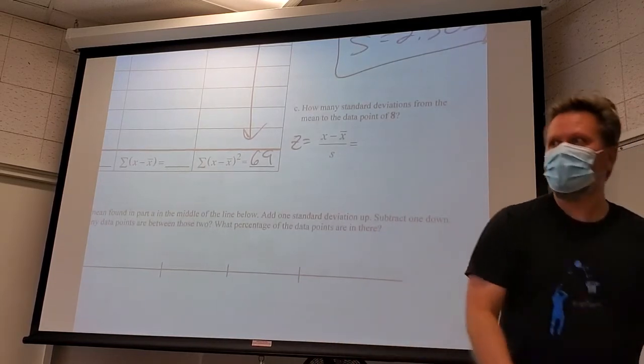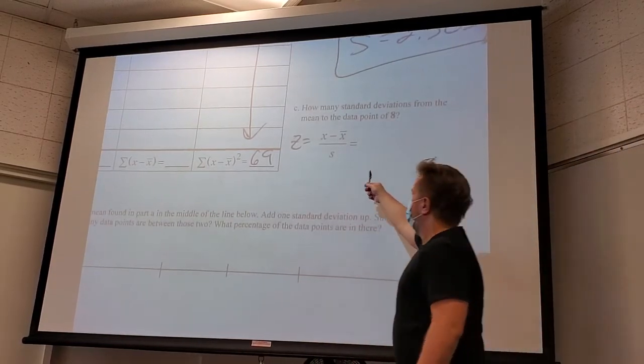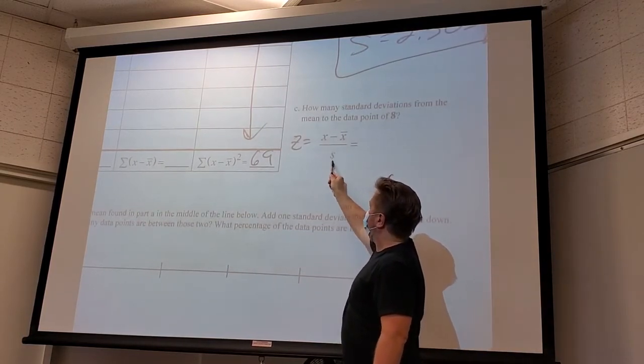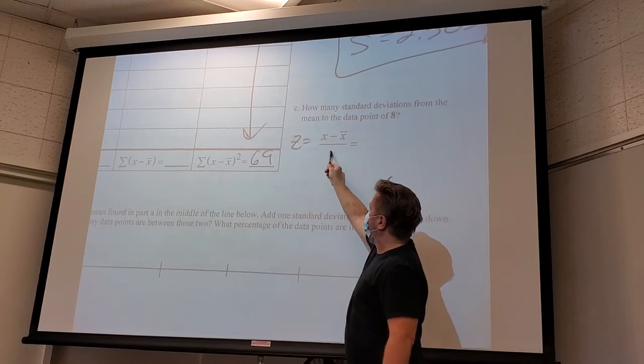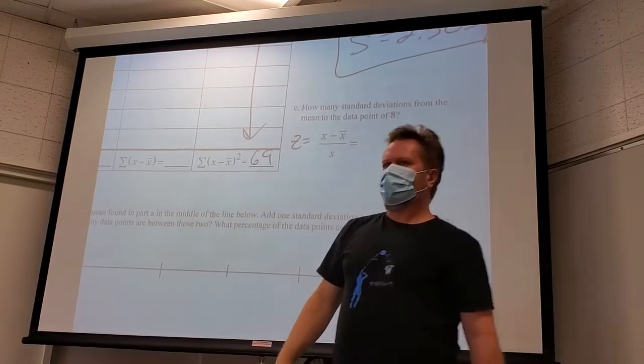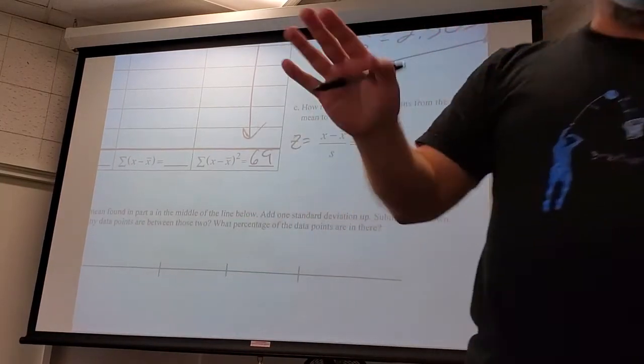I'm there. So if I take the distance I have to go divided by how big each step is, it tells me the number of steps between this and this.